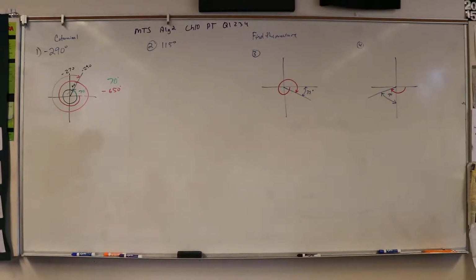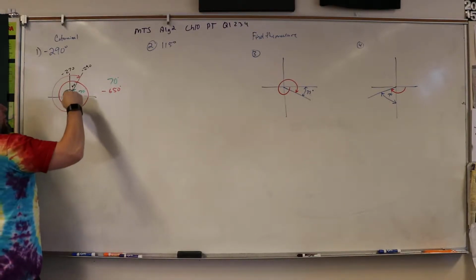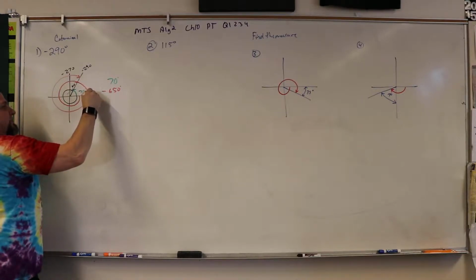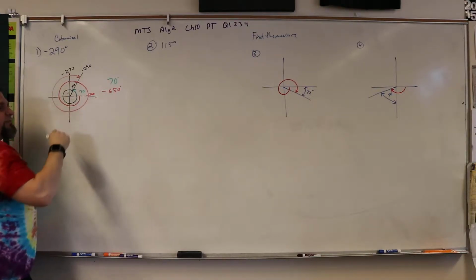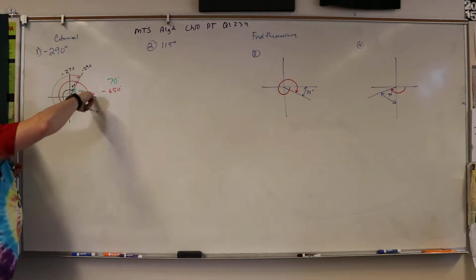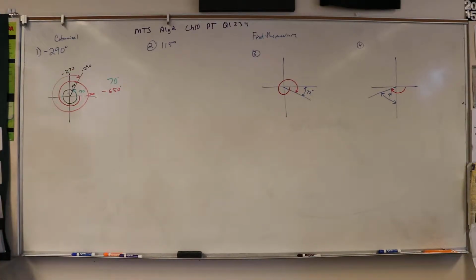Wait, so if it's already a negative 290, why would it be negative 650? Because we added 360. So you go around once, that's negative 360, right? And then you're going around negative 290 again.